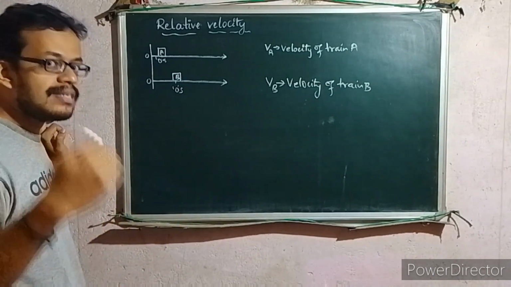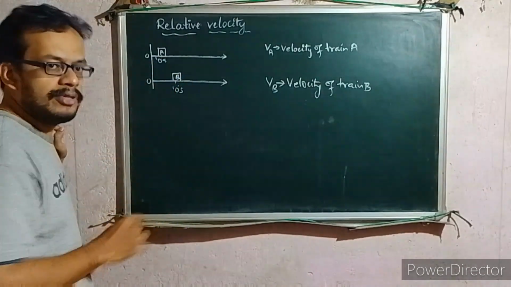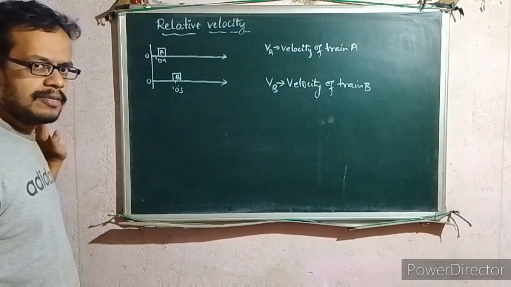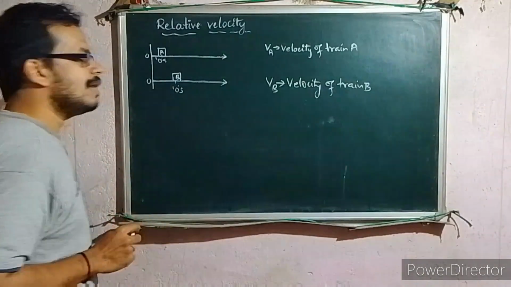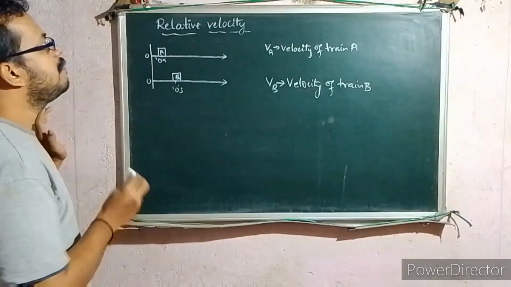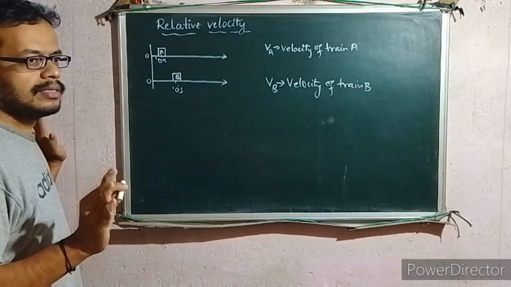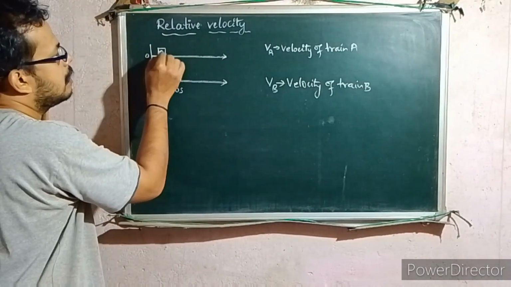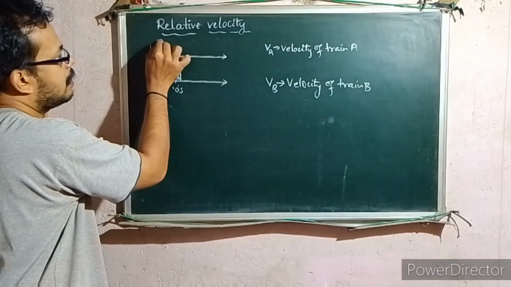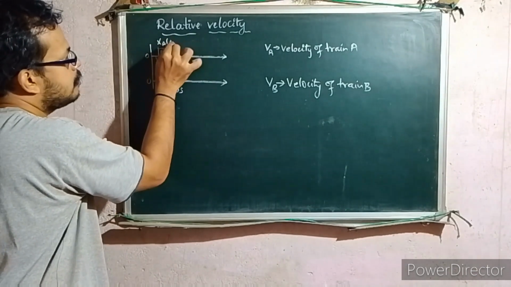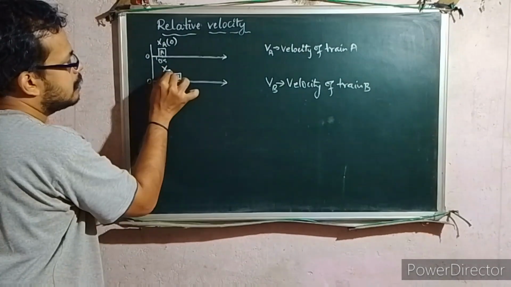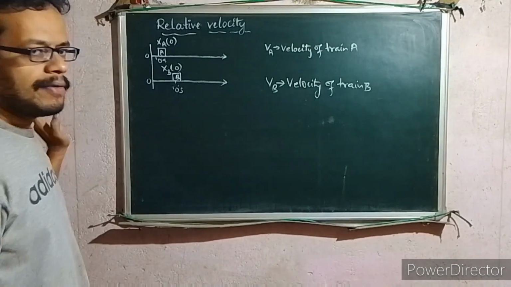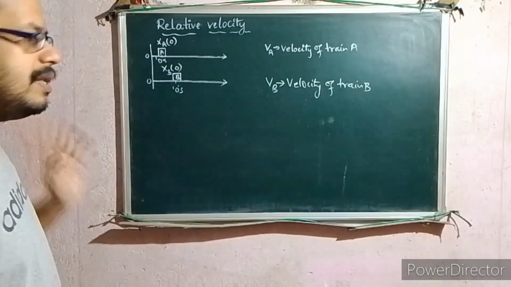They start from their original positions, but we start observing at 0 seconds, and we will consider the initial positions, what we observe at 0 second, as these positions. So that are XA of 0 and XB of 0. These are the positions from where we start observing the two trains.